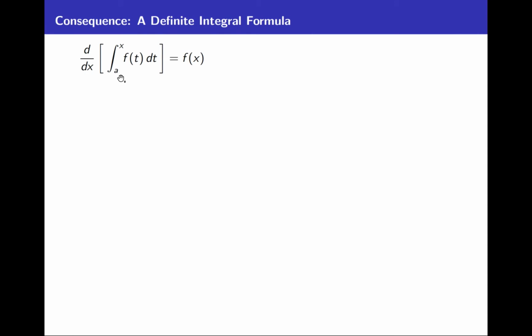Now, if you look at that, it says that the derivative of this function equals f(x). So that would mean that this function, the integral from a to x of f(t) dt, is an antiderivative of f(x), because if you take its derivative, you get f(x). That makes it an antiderivative of f(x).